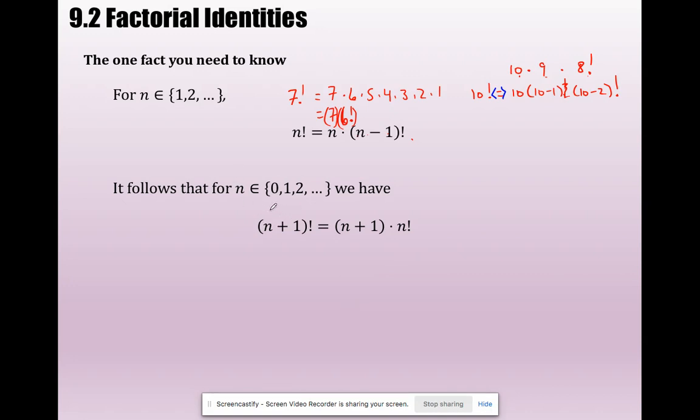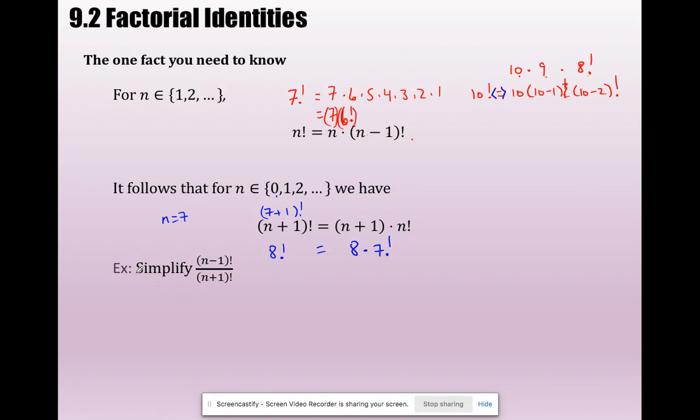So for example, if n was equal to 7, then 7 plus 1 factorial, which is 8 factorial, could be rewritten as 8 times 7 factorial, right? It's the same thing. It's just whether I want to include 0 or not.